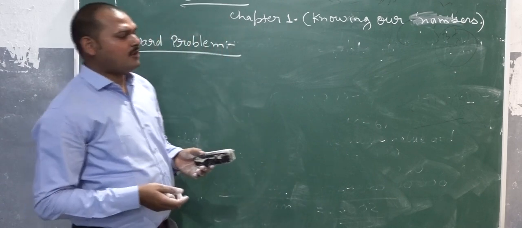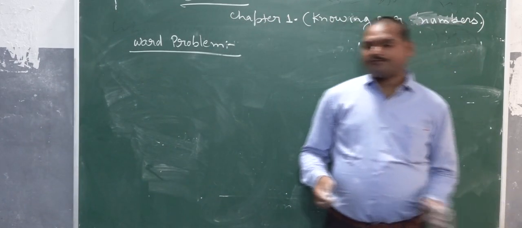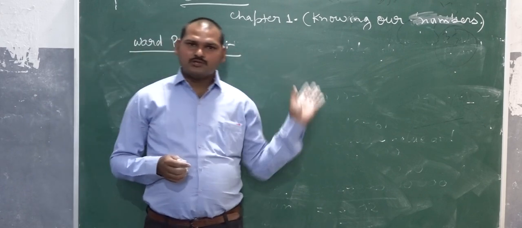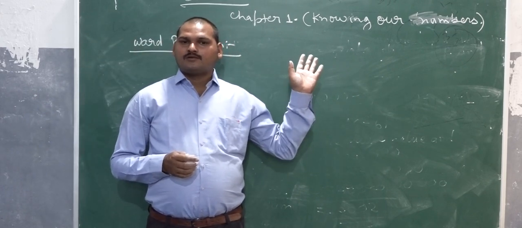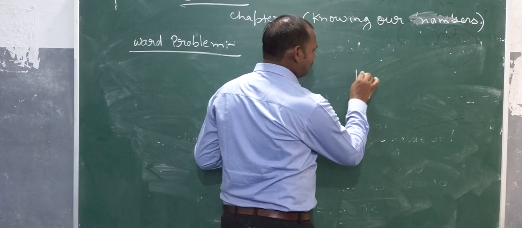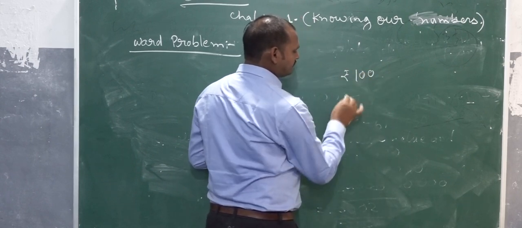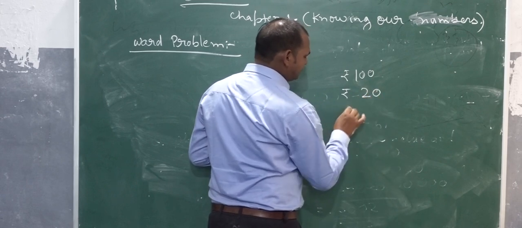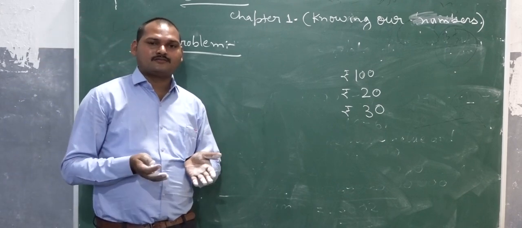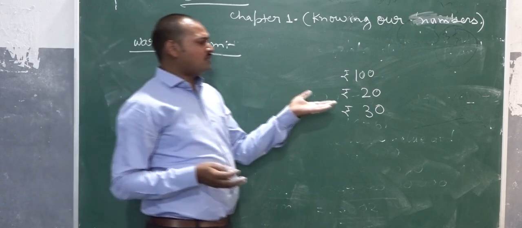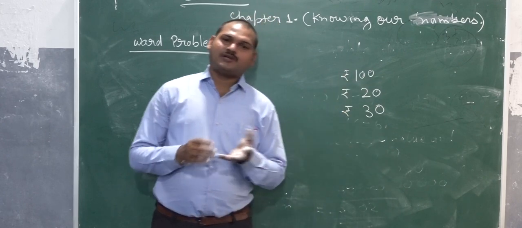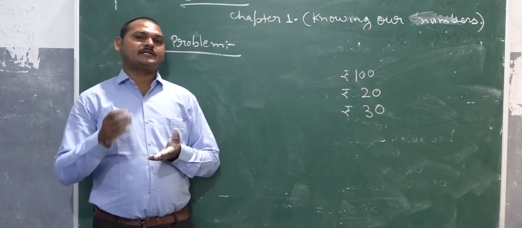And the word problem based on sum: if you go to the market and buy sugar of 100 rupees, potatoes 20 rupees, tomatoes 30 rupees, then how much do you spend? 100 plus 20 plus 30. 100 plus 20 is 120. 120 plus 30 is 150.